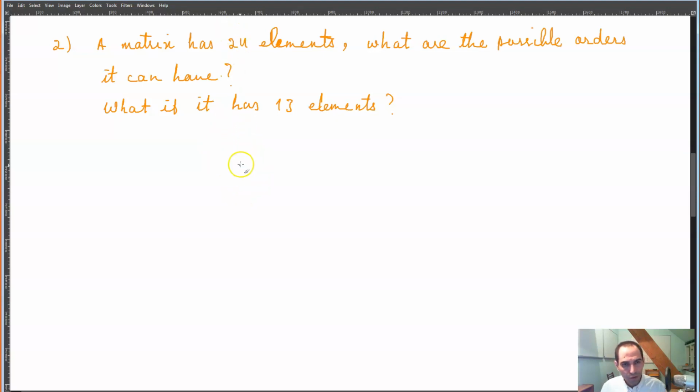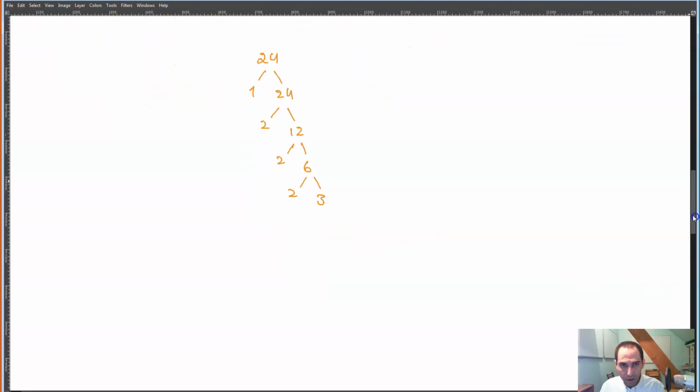I'm not talking about all the prime factors, but all the factors of 24.